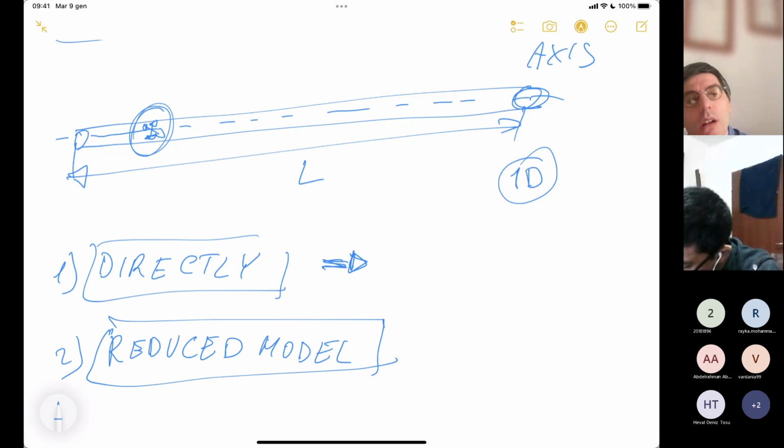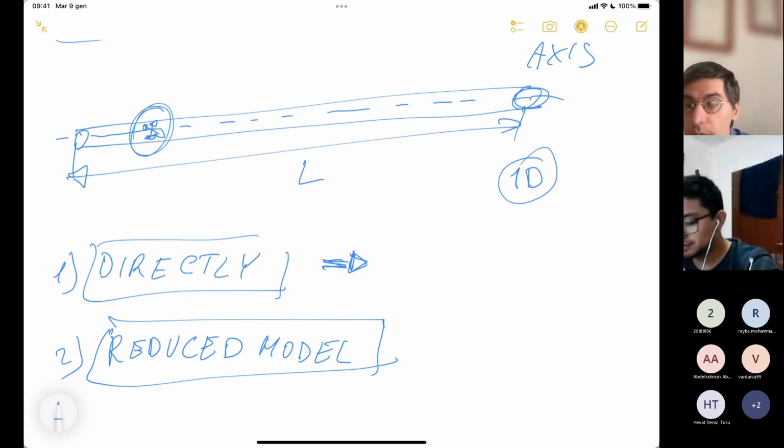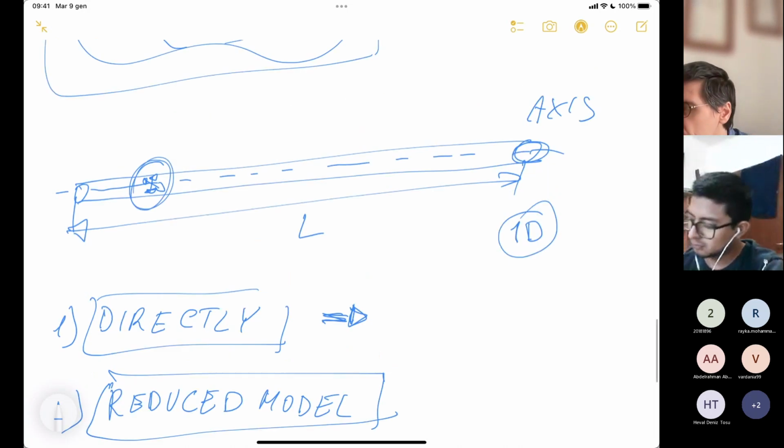So this kind of reduction will be very useful for us. I will show you how to do this.